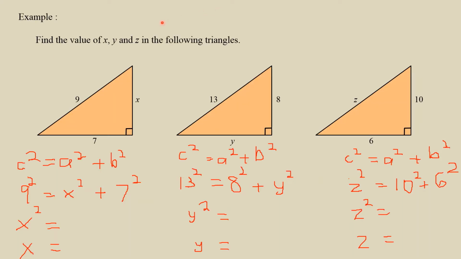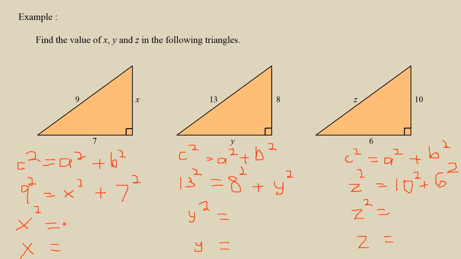Let's do this example. Find the value of x, y, and z in the following triangles. Now we'll look at the first triangle. Given the hypotenuse is 9, b is 7, and a is x. So we need to find the value of x. First, we write the formula of Pythagoras theorem and substitute the values in the formula.